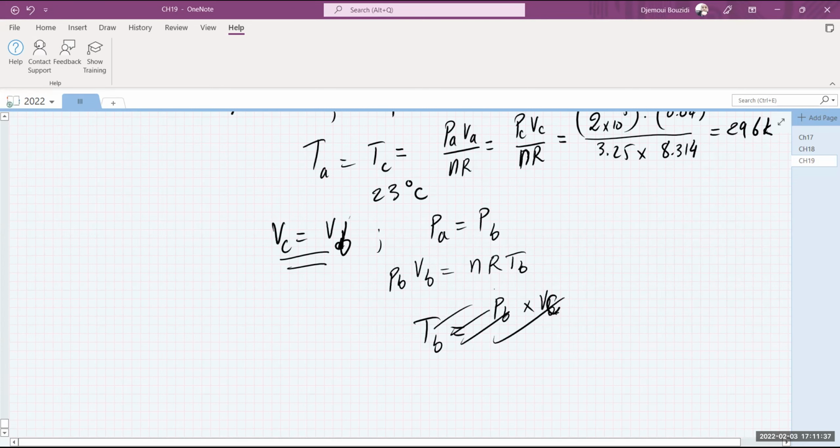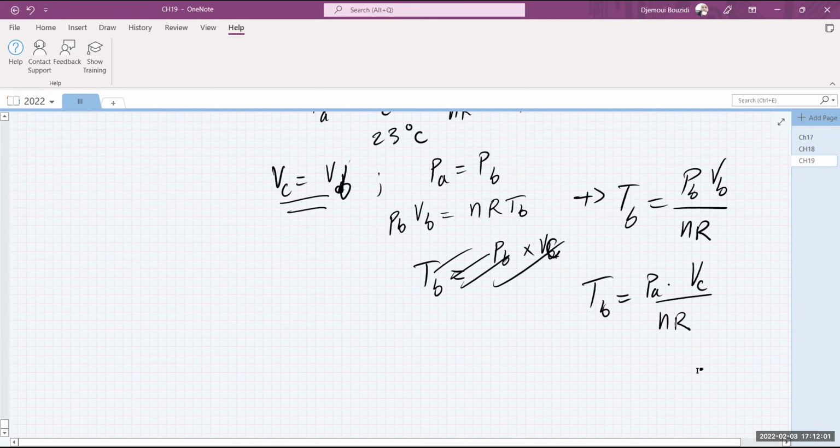So technically, according to this expression, this gives me TB to be just P at that point times the volume at that point divided by nR. Well, I know what the pressure is. It's exactly PA. I know what the volume is. It's exactly VC, divided by nR.